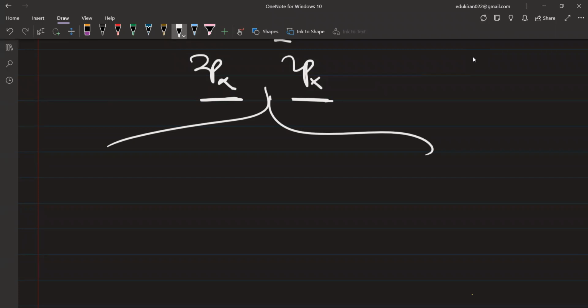It is an orbital because it is 2px, right? So it is going to give me how many molecular orbitals? If we have 2 atomic orbitals, it will give me 2. One will be a bonding molecular orbital and the other will be an anti-bonding molecular orbital.